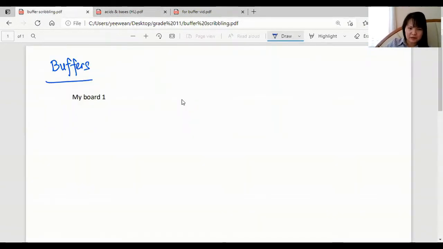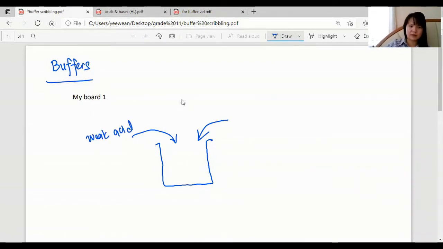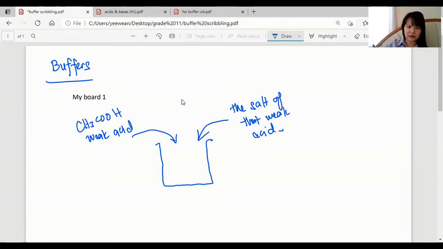A buffer solution is made with a weak acid and the salt of that weak acid. So for example, ethanoic acid and the salt of ethanoic acid.